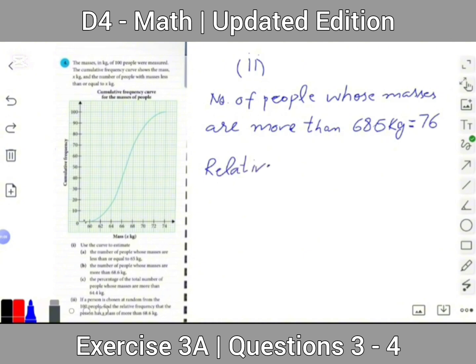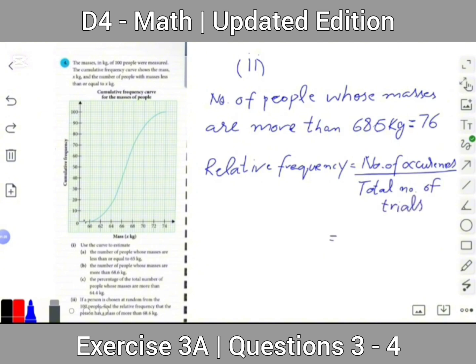And we have to find the relative frequency. So the formula for the relative frequency is equal to the number of occurrences divided by the total number of trials. The number of people whose masses are more than 68.6 kg that we estimated from the curve was 24. So here we will write down 24 over 100.